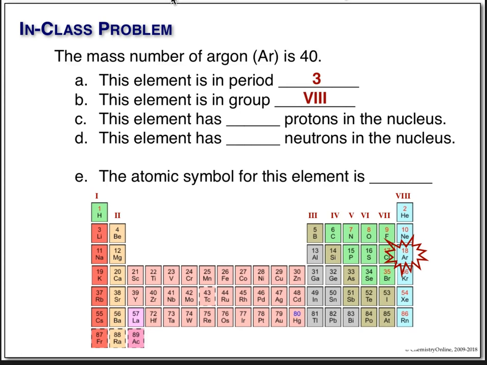Now, what's the atomic number? Squinting at it, you can see it. It's 18. 18 protons. So if the mass number is 40 and 18 of those are protons, how many neutrons? 40 minus 18 is 22. And now very quickly, write the atomic symbol.